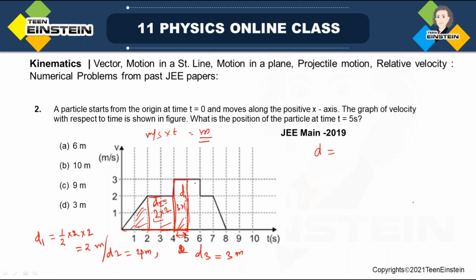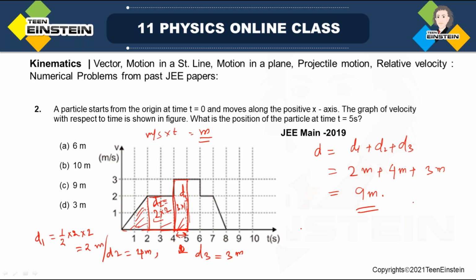There are actually various places where slope changes. So d1 plus d2 plus d3 in meter. So d1 is 2 meter. D2 means 4 meter. Again, d3 means 3 meter. So as a whole, it gives 9 meter.